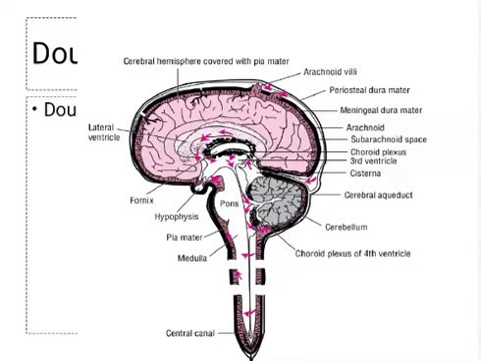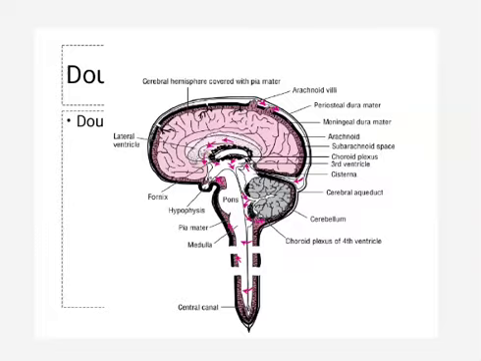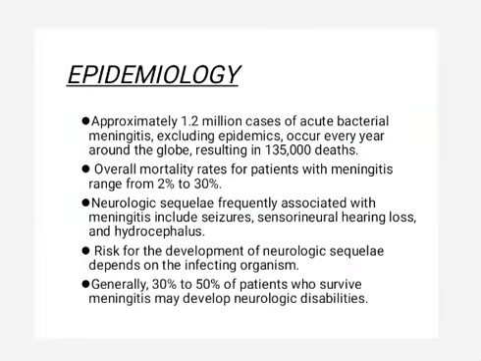Here you can see two lateral ventricles, third ventricle, fourth ventricle, and cerebral aqueduct. These ventricles contain the choroid plexus. The choroid plexus produces CSF, and this CSF is then drained to the subarachnoid space through foramina.